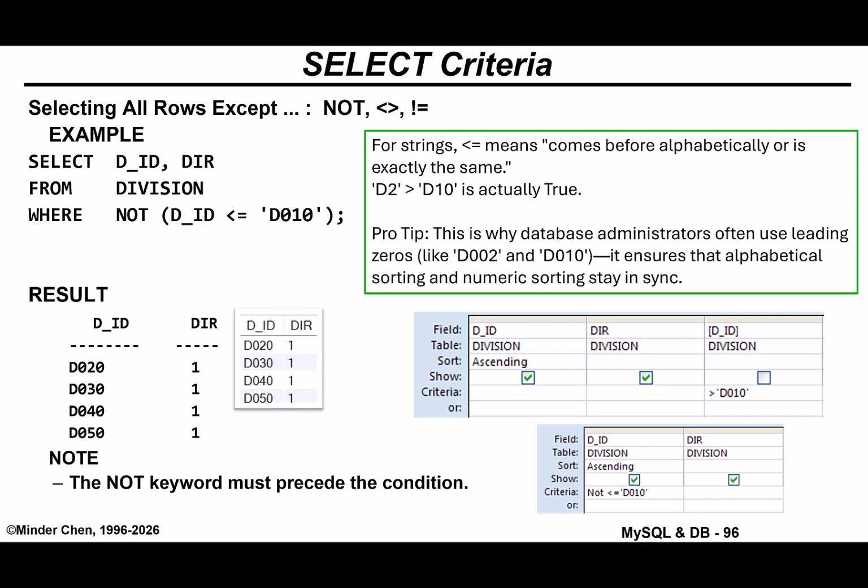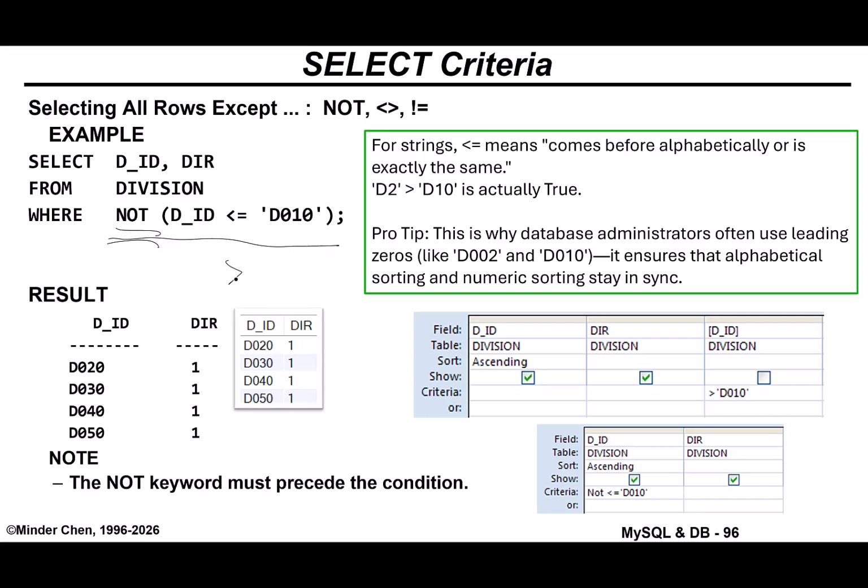So we can use not. I don't particularly like not. Sometimes it works really well, but in this case, we can technically just say that the DID is greater than D010 instead of saying not less than or equal to D010.